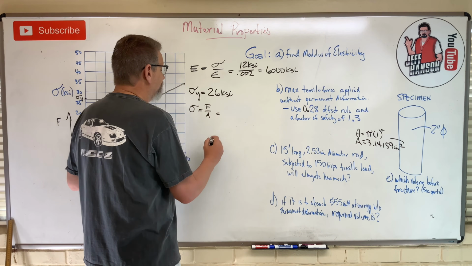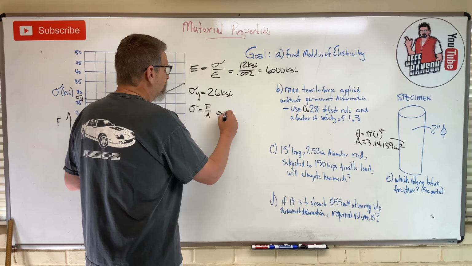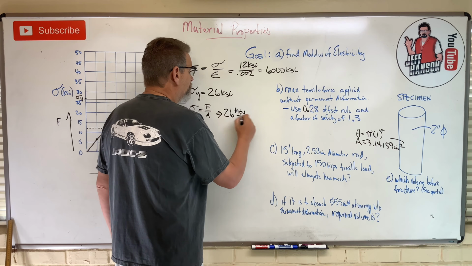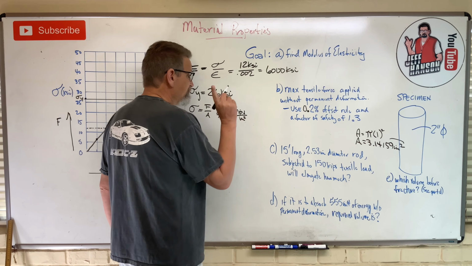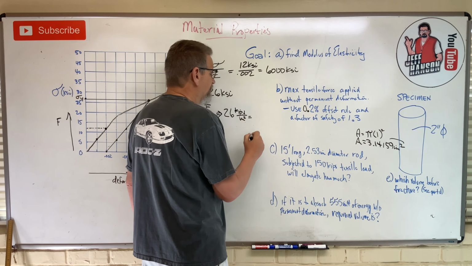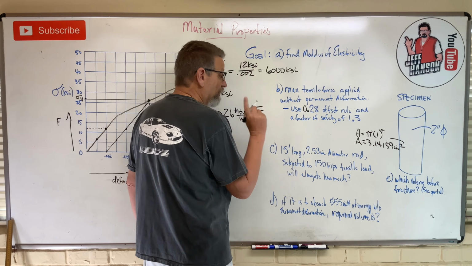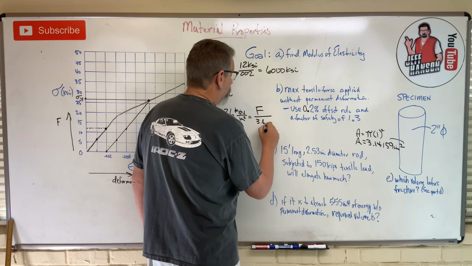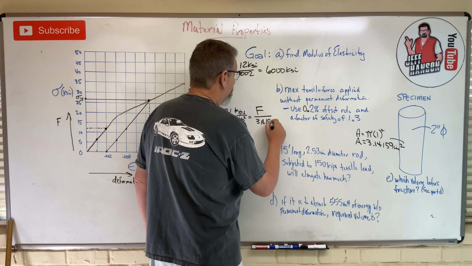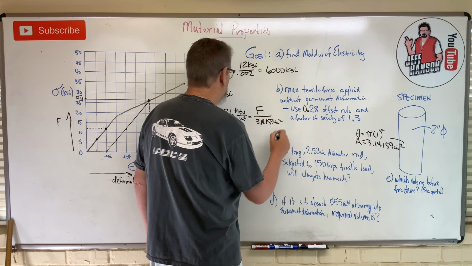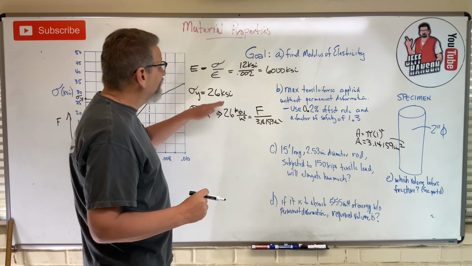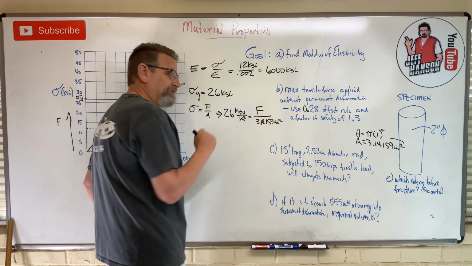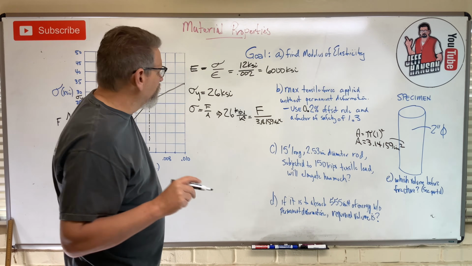So if we're looking for the force, right? If we know that sigma is 26 kips per inches squared, paying attention to units here, it's got to be equal to force, that's what I'm looking for, divided by the area, 3.14159 inches squared, right? And when I multiply this on the other side, the inches squared are going to cancel out. And so it's going to leave me F in kips, isn't it? It's always important to know what your units are, right?